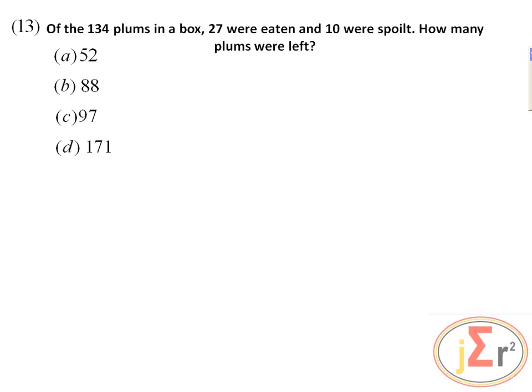Because of that, what will we do? What kind of mathematics process or arithmetic operation will we carry out in order to demonstrate that the number of plums was reduced?